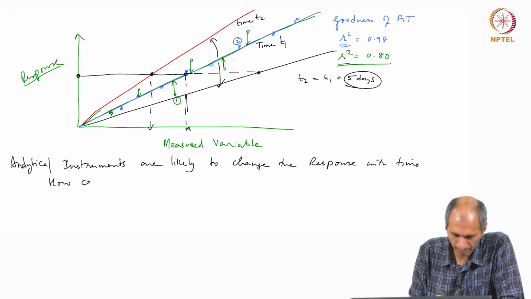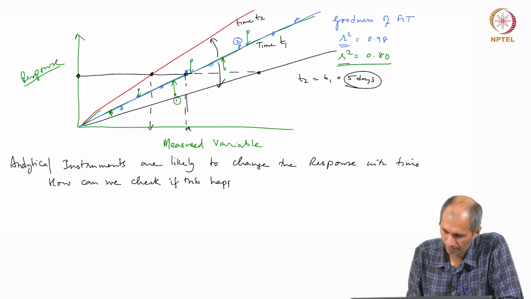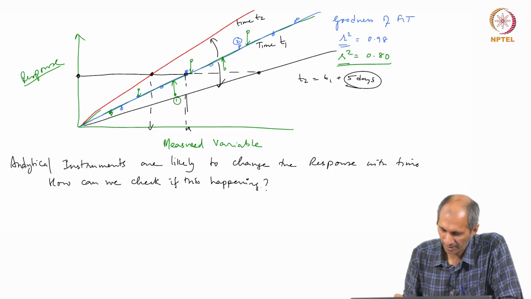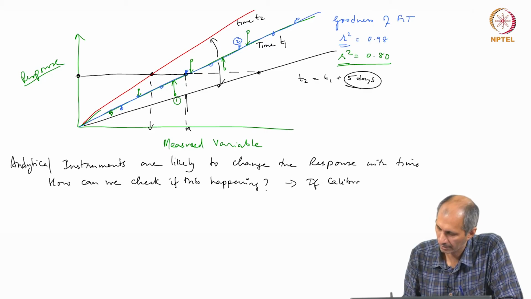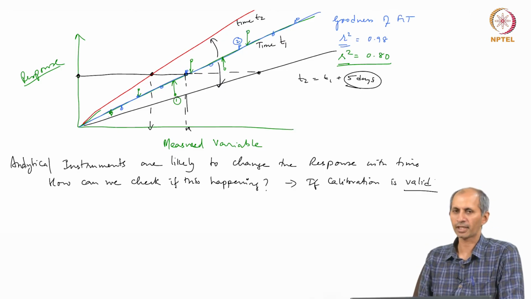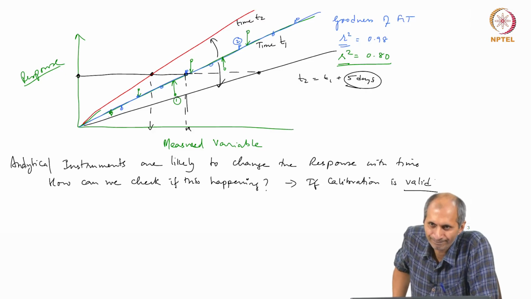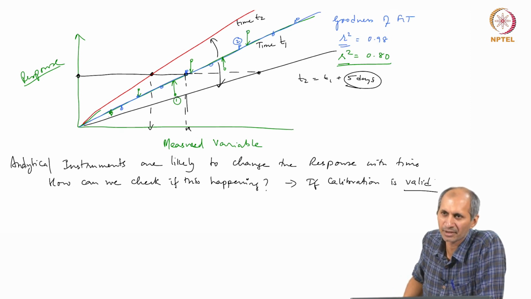So, how can we check if this is happening? In other words, how can we check the calibration is valid? By measuring at regular time intervals. Measuring what? Measuring a standard. You have to always check with the standard. That is the only way to check it.